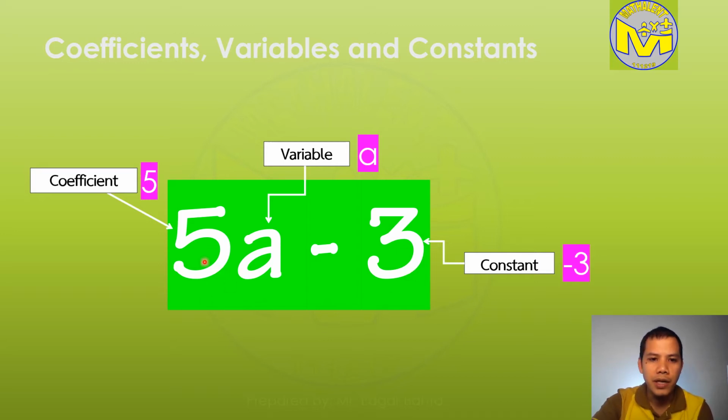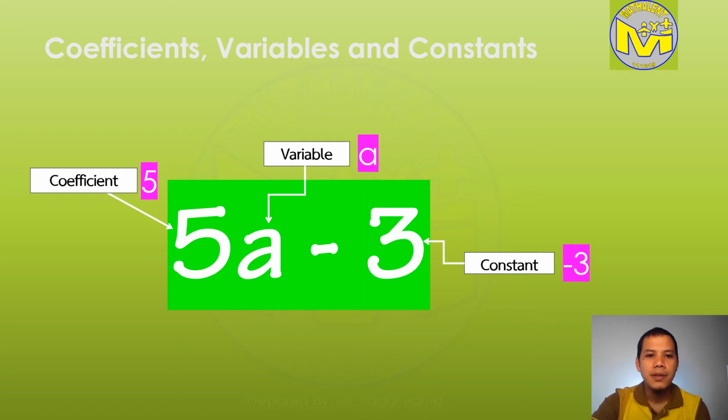While when a number has a variable beside it, it is called a coefficient. But still, this is still a constant, okay? Because it is a number. A constant is a number.